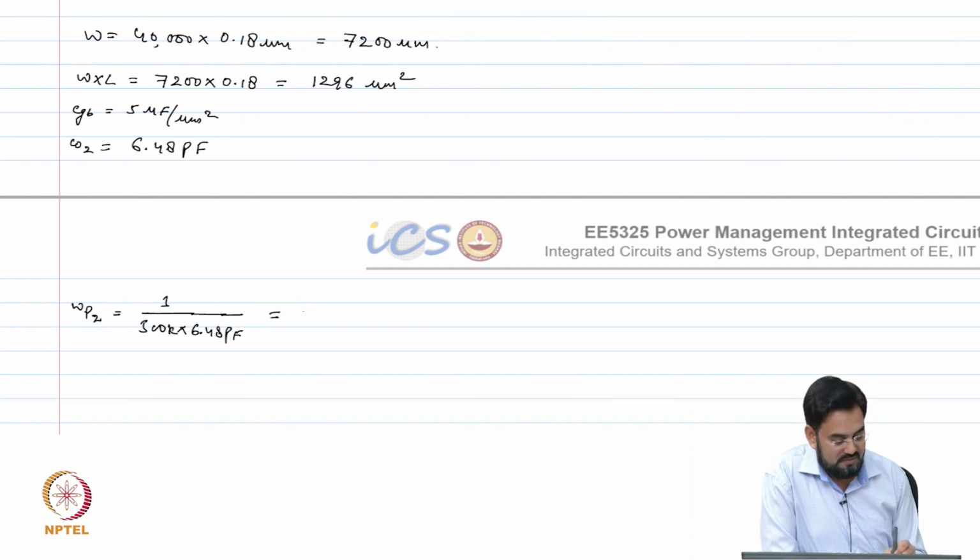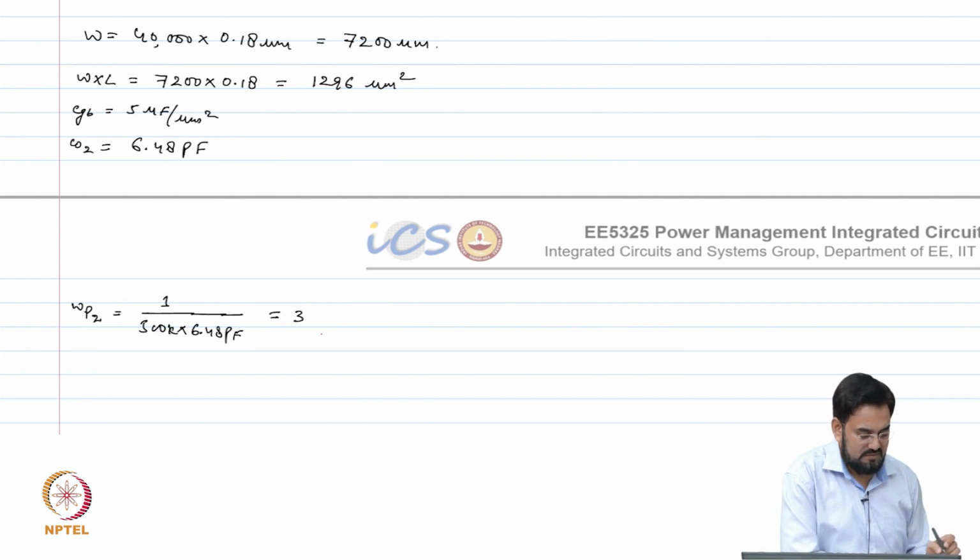How much? 0.3 gigaradians per second. No, no, 3 million.